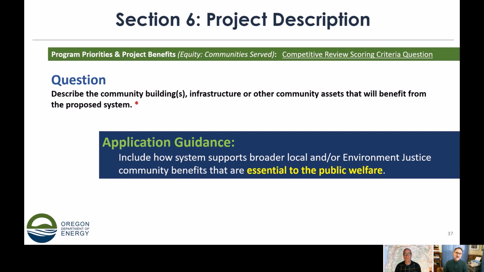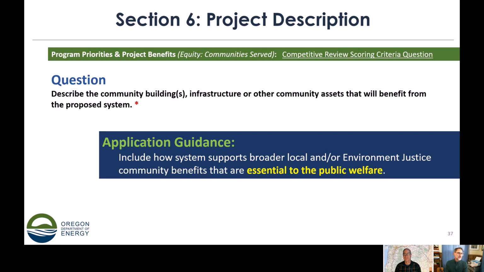If you're in a resilience project, this kind of ties to the last one, but what we're looking for is a little broader aspect here. Or if you're in just a renewable-only project, we're looking for a broader assessment of the local and/or drilling down into the qualifying environmental justice community benefits that are essential to public welfare for this particular planning project.